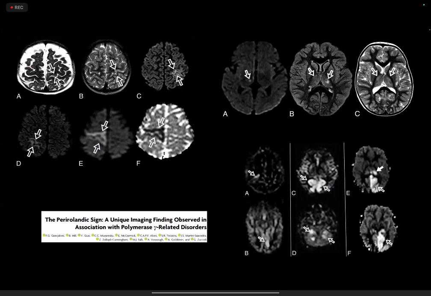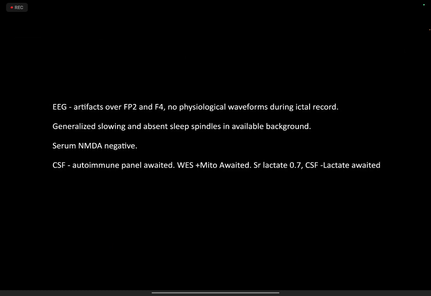On the follow-up scans, you can see that the deep gray nuclei can also be involved, and this is an ASL sequence which has multiple areas of increased uptake for perfusion changes. So given the EPC presentation with that sign on the MRI and then the PET study, thinking of possibility of a mitochondrial-related disorder. Is that right, Dr. Nikhil?